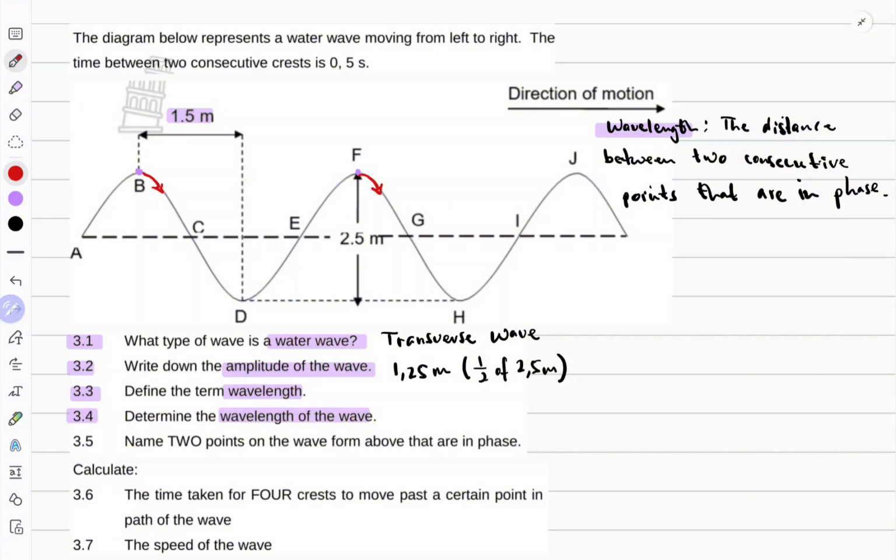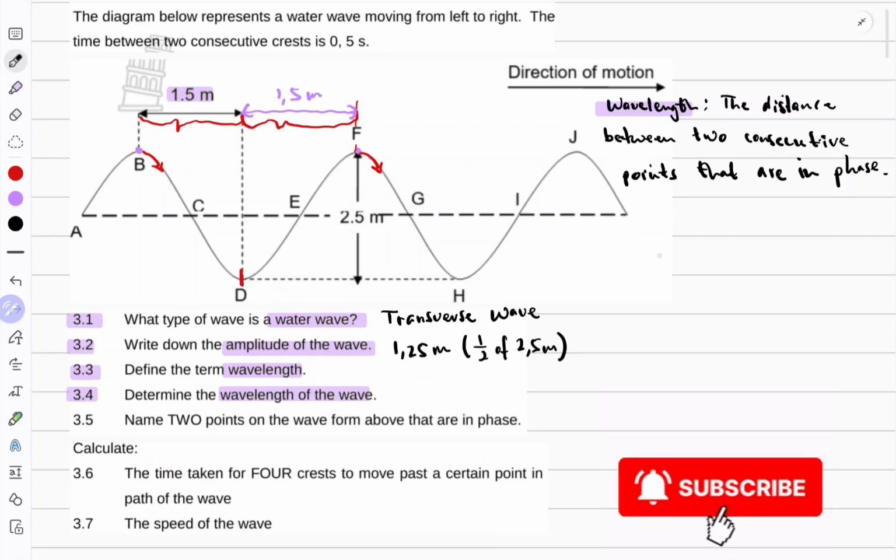Because this here is a trough, it means that the distance from B to D is the same as from D to F. So that is 1.5 meters.